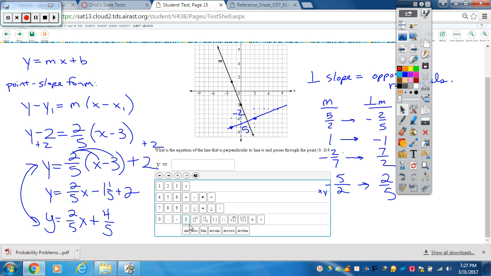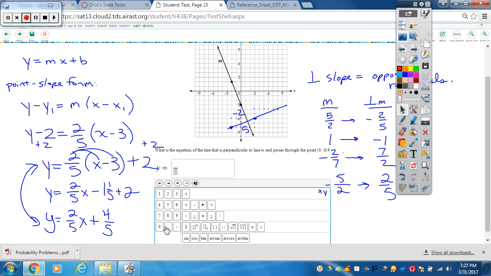I'm going to go ahead and do something like this: 2/5 x, parentheses, x minus 3, and then plus 2. Again, you can do it the other way as well because you may be more used to doing it that way, but either way is fine with me. All right, let's take a look at the next one.